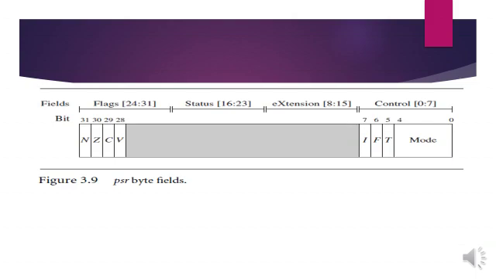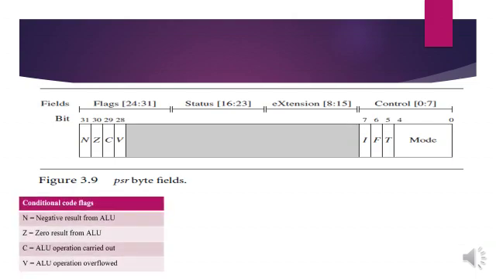The first conditional flag is N, the negative flag. This bit is set to 1 whenever an ALU operation generates a negative result. Similarly, the second flag is the zero flag. This flag is set to 1 whenever an ALU operation generates the result 0.